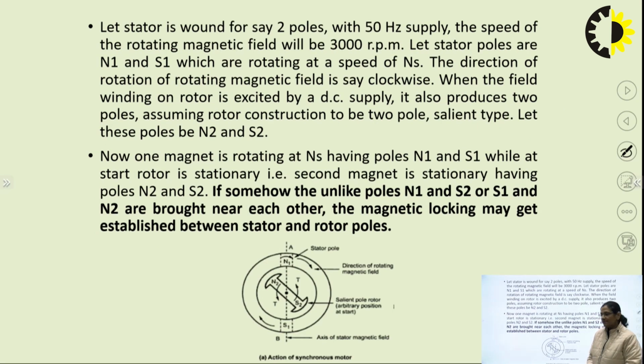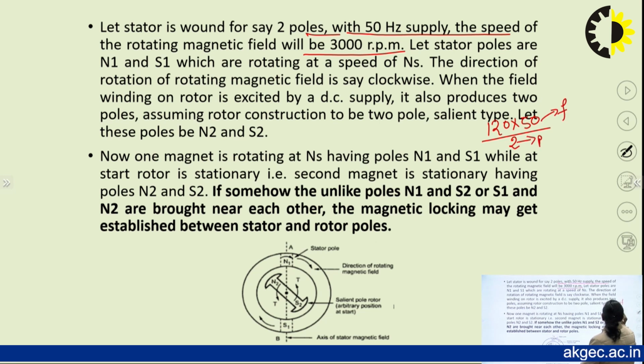As I said, the stator is wound for two poles. With a 50 Hz supply, the speed of the rotating magnetic field would be 3000 RPM. It is from 120 F upon P: 120 times 50 upon 2, where 2 is the number of poles and 50 is the frequency of supply, so it comes out to be equal to 3000 RPM, right?